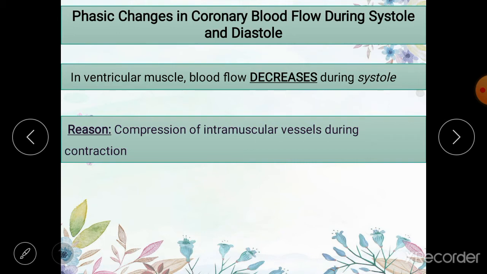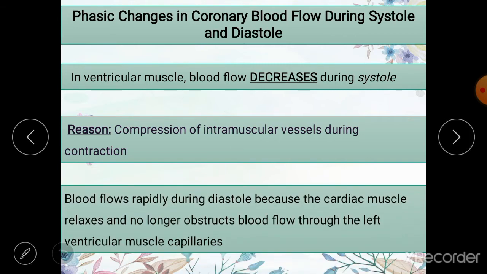So every time the ventricle contracts, it squeezes these intramuscular arteries and occludes them and shuts them off, and no blood can flow from the epicardium to the intramuscular or intramural arteries or the subendocardial arteries. So this is the reason that the ventricles receive no blood supply during contraction.